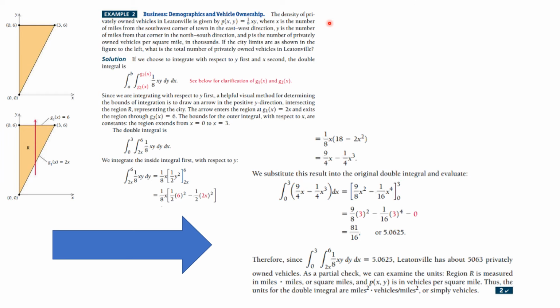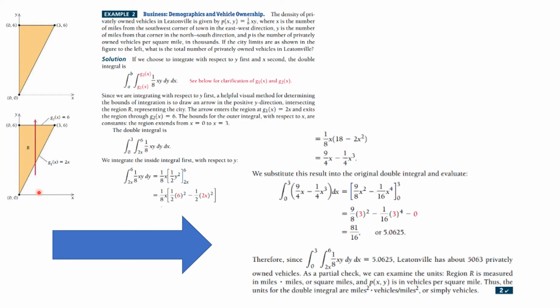So x is the number of miles from the southwest corner, that's down here, of town in the east-west direction, and y is the number of miles from that corner in the north-south direction, and the town's shape is like this.